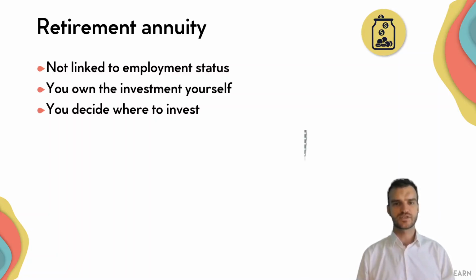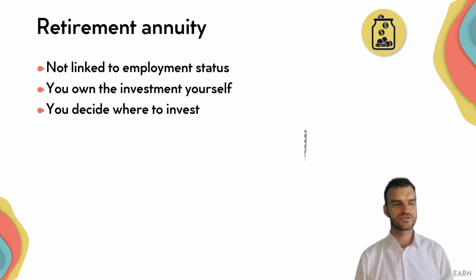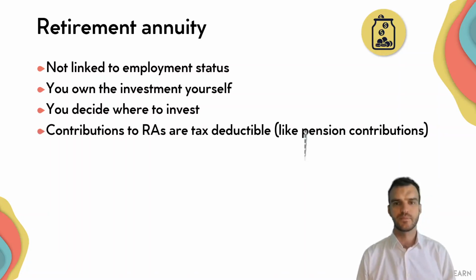There's also legislation limiting the types of investments that can be advertised as retirement annuities, but it certainly is more flexible and leaves it to your own discretion with regards to how risky you want your investment to be.